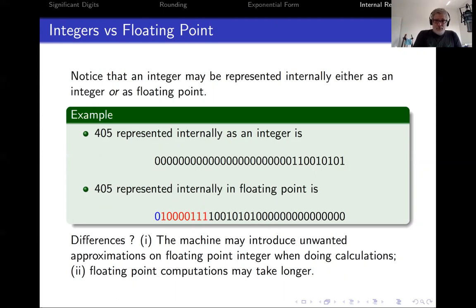Now, what's the difference? Well, it's always better to work with integers if what you have are integers. The machine is way more efficient with integers than it is with floating point, okay? You see that the computations for floating point have to take longer because you have the exponent, the mantissa, the sign. It's going to take longer.